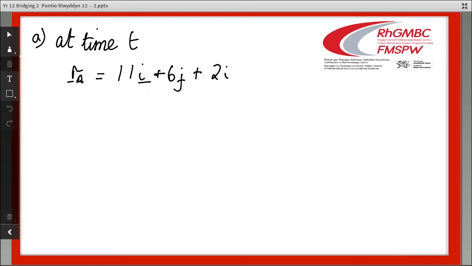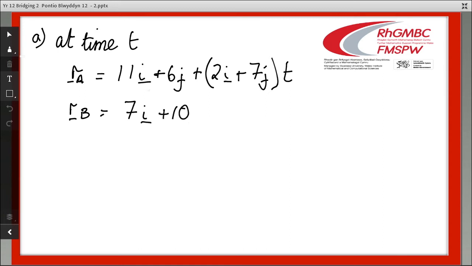So it's going to be 2i plus 7j, lots of t. Go back and finish that bracket. And similarly for B, the position vector of B is going to be 7i plus 10j, and then we're going to add on the velocity times time component again, which is 5i plus 4j, lots of t.